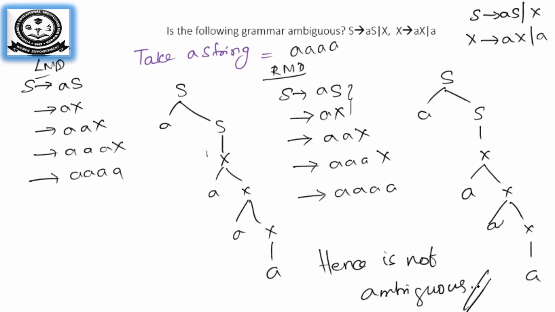So this grammar is not ambiguous, that means it's unambiguous. So G, you can tell it is unambiguous.